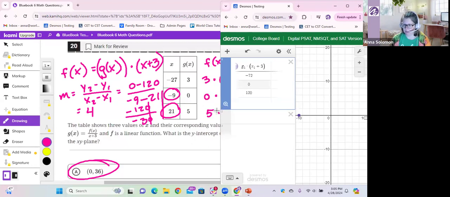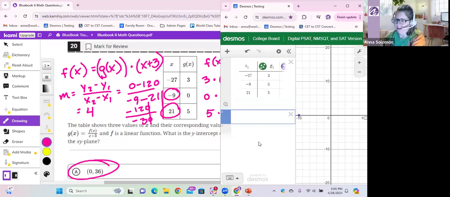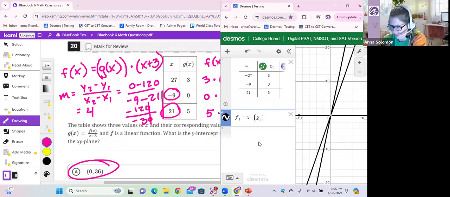Now, what was the question? The question was to find the y-intercept for f of 1. So I can do a slope and say f1 equals that whole mess I did before, x times g1 plus 3.